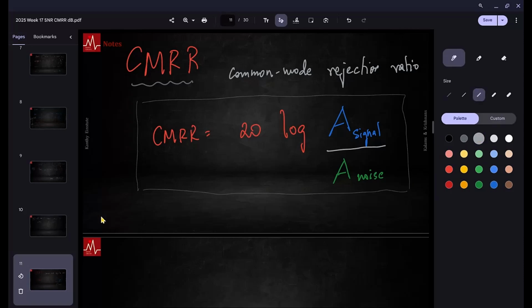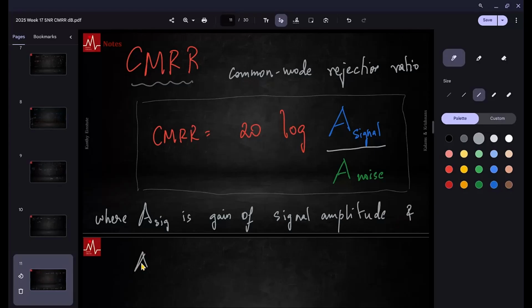Where a signal is gain of signal amplitude, and a noise is the same thing, gain of noise amplitude.